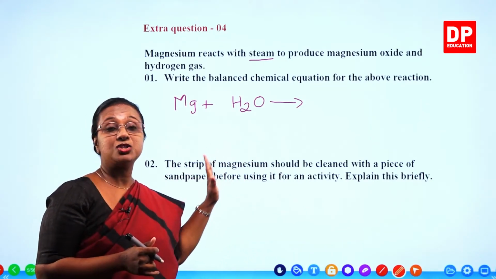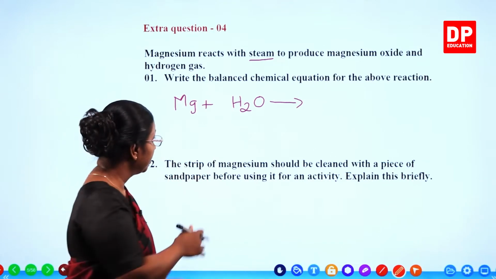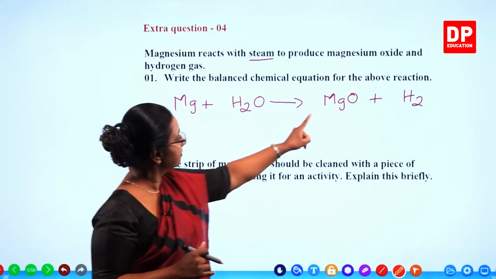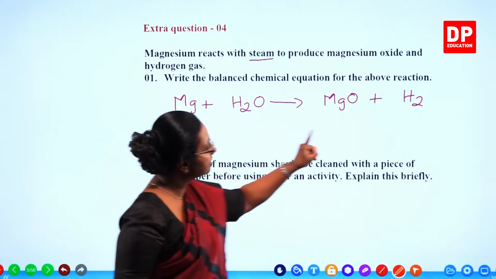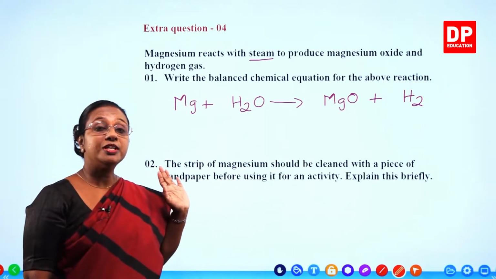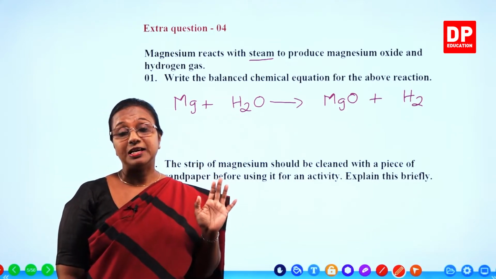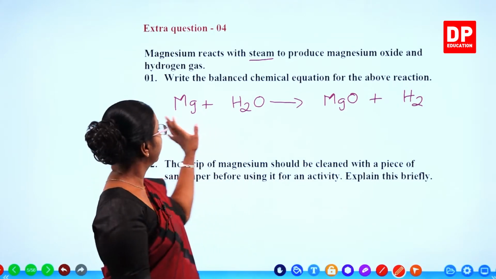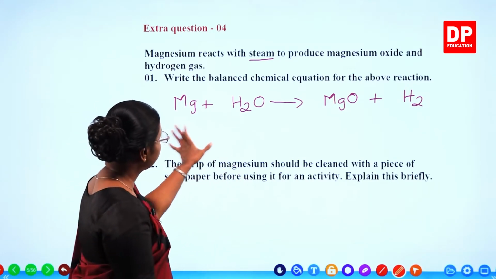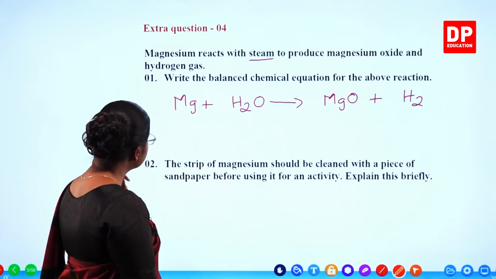Otherwise, from the products, you can identify it is steam. So, H2O will give rise to MgO and H2 gas. So, we need to balance this. Now, one magnesium, 2 hydrogen atoms, 2 hydrogen atoms, 1 oxygen, 1 oxygen. So, it is already a balanced chemical equation. So, they have said write the balanced chemical equation. It is already the balanced one. We have written it. Then the second one.